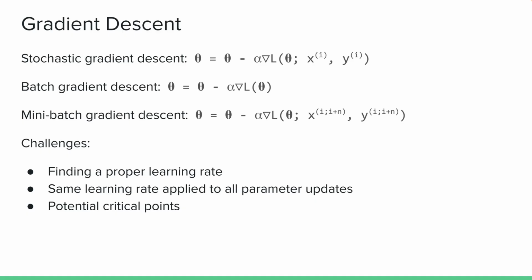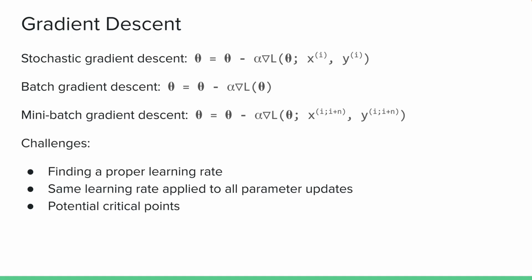Stochastic gradient descent is usually very noisy, and batch gradient descent is often computationally not feasible because the data set is just too large. So the compromise is typically mini-batch gradient descent, where you compute the gradient for a small subset of samples, say 32, and use that gradient to update your parameters. Why does it work? Because the loss is an expectation that can be approximated by a small number of samples.